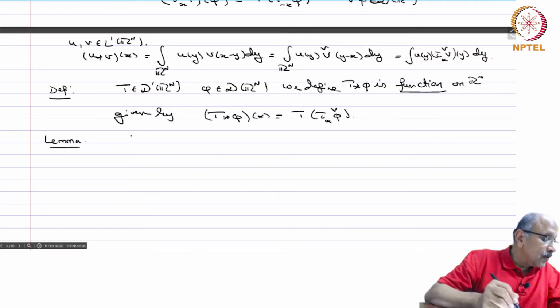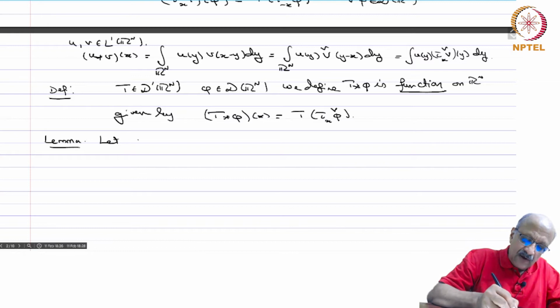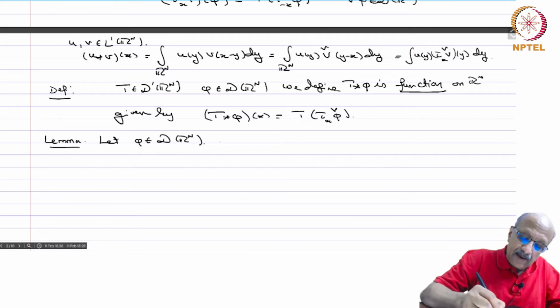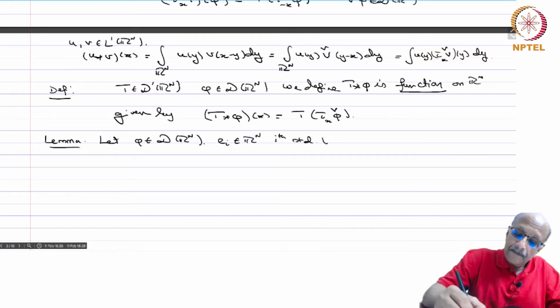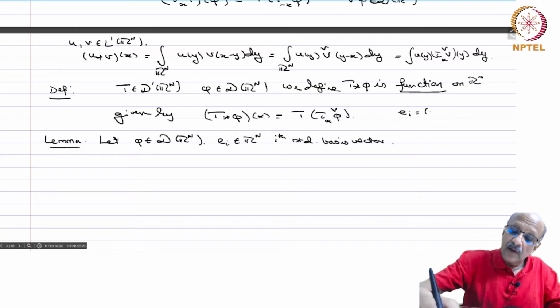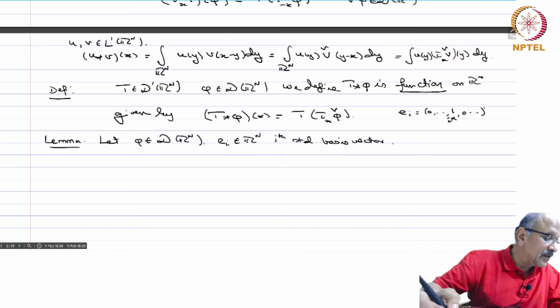Let phi belong to D of Rn and e i in Rn be the ith standard basis vector. So, e i will be 0, etcetera, 1 in the ith place, 0 elsewhere. Okay. So, this is the ith standard basis vector.